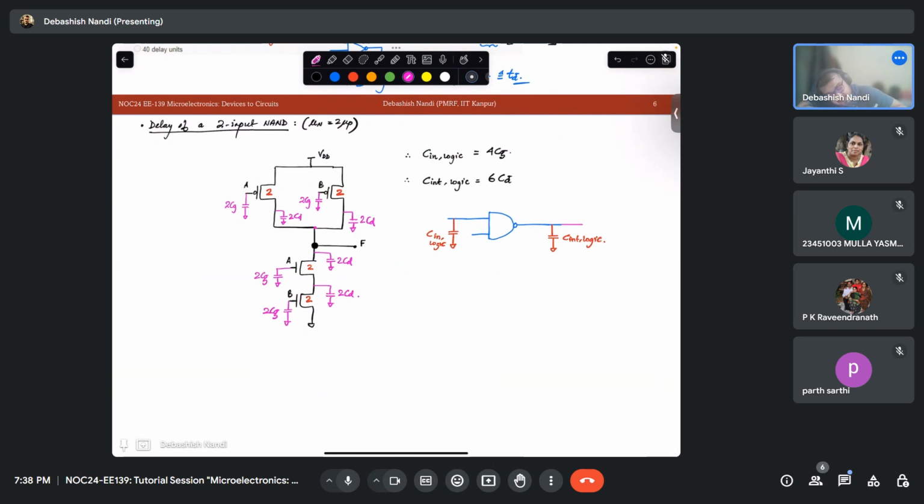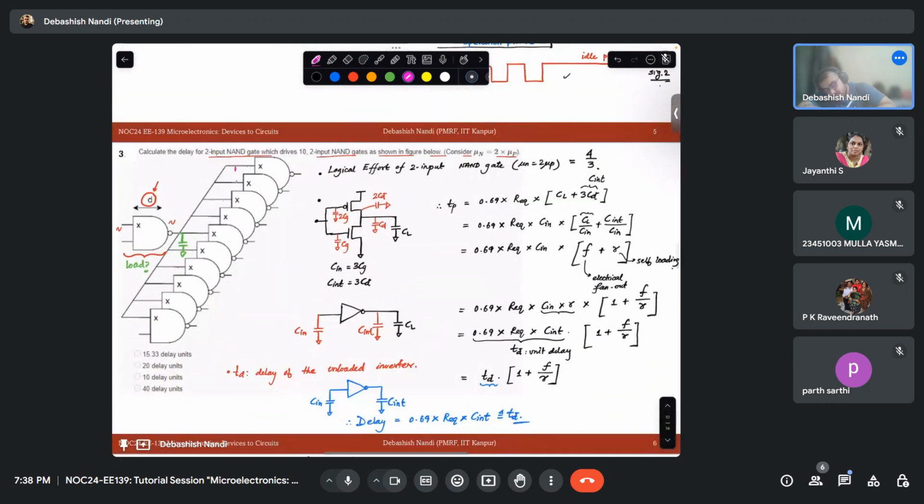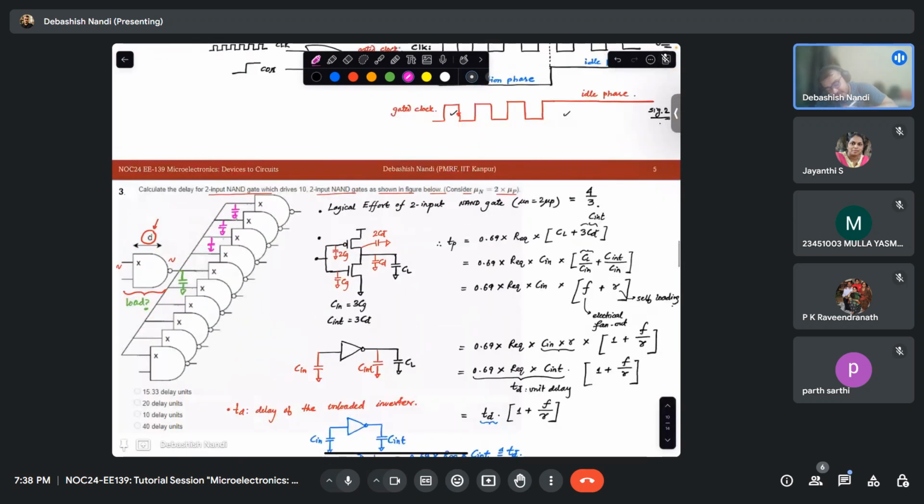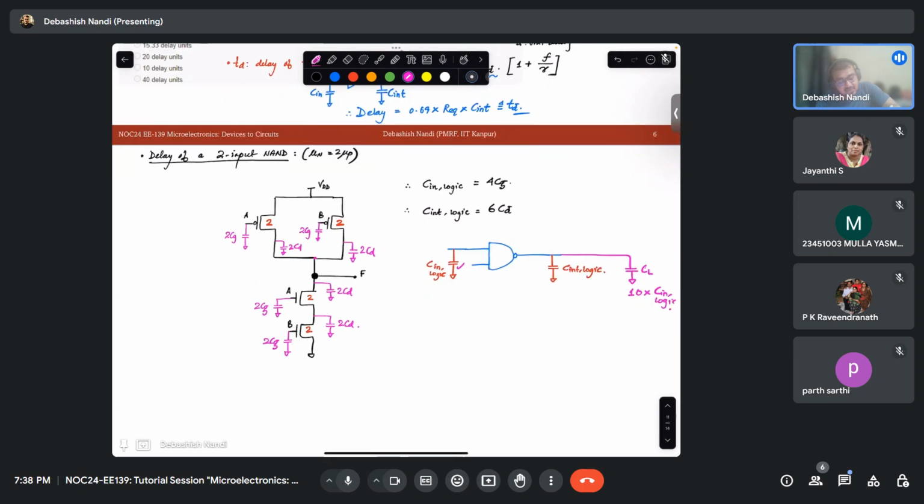That means your CL is 10 times of your C in logic, because these are also two input NAND gates, right? Same, this resistance, this capacitance will be present at these places also, which will act as the load capacitance for the first NAND gate. So do you see this CL is equal to this?